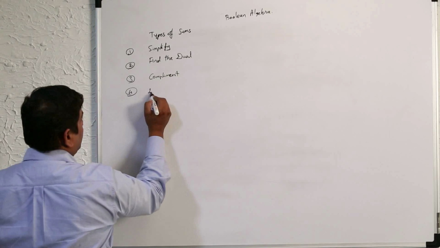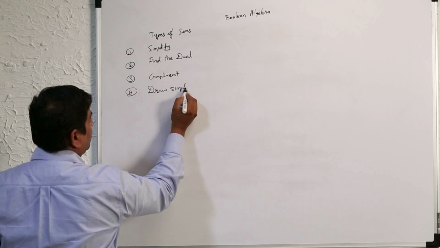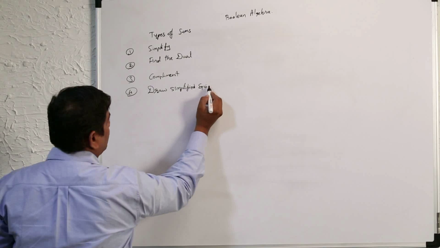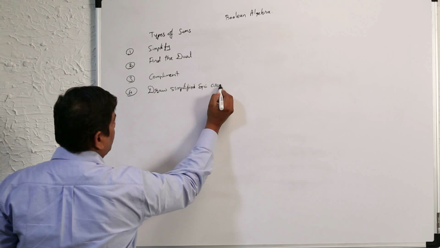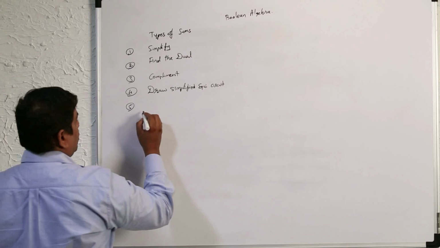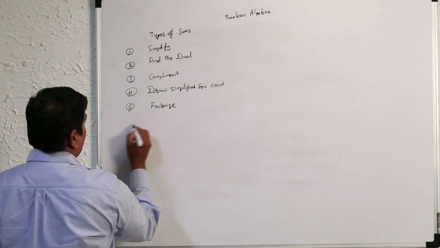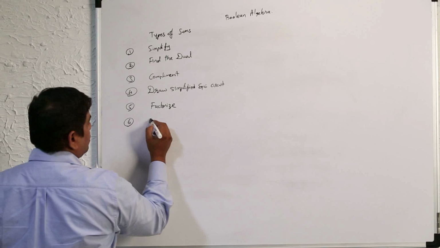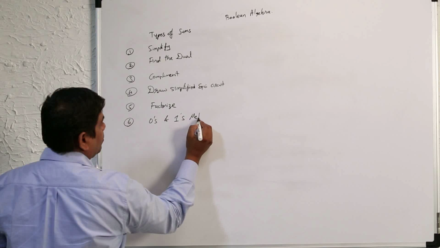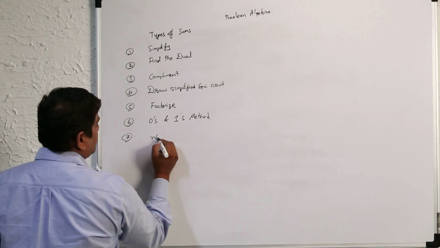Fourth, draw the simplified equivalent circuit. Fifth, factorize. Sixth, zeros and ones method. Seventh is called word problems.